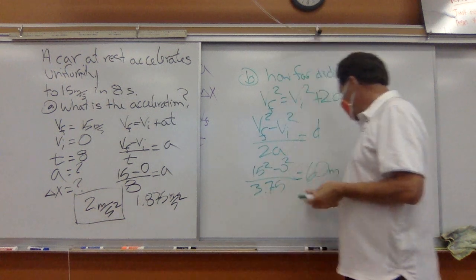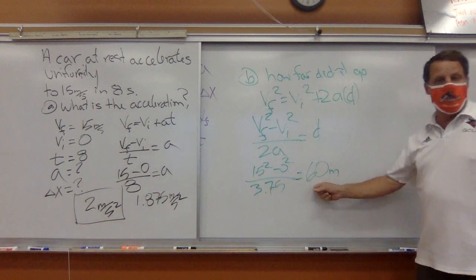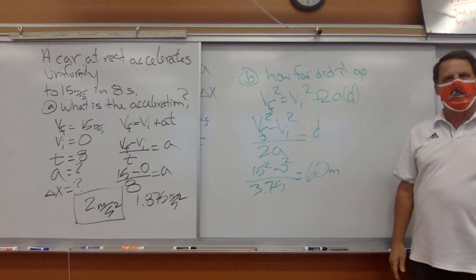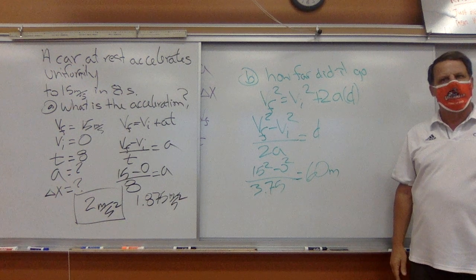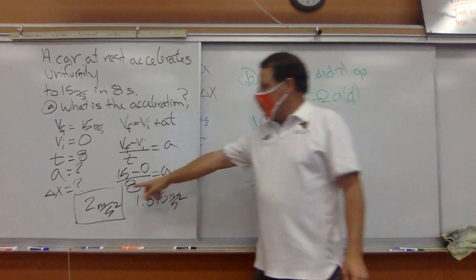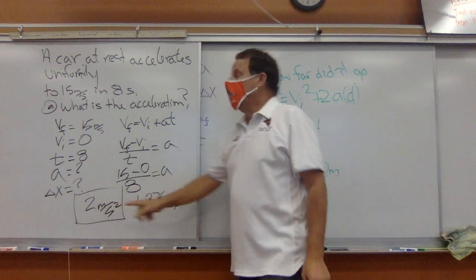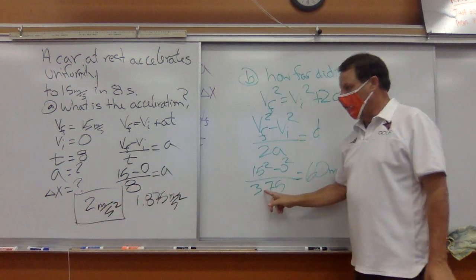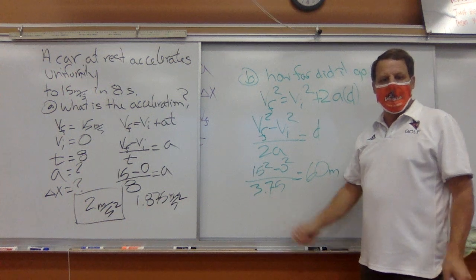But so now we can say that it went 60 meters, because how many significant digits is that 60 meters? It's only one significant digit, right? Now, notice that I did not use 2. I used this 1.875.